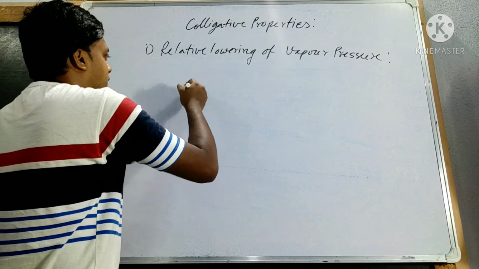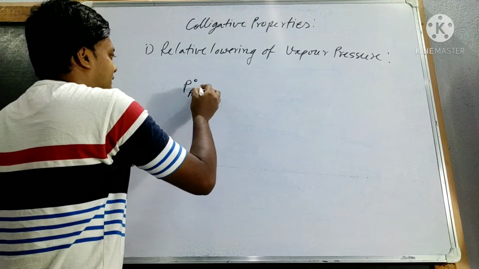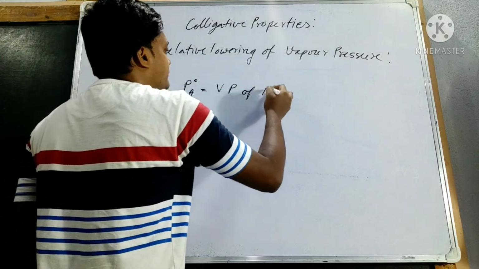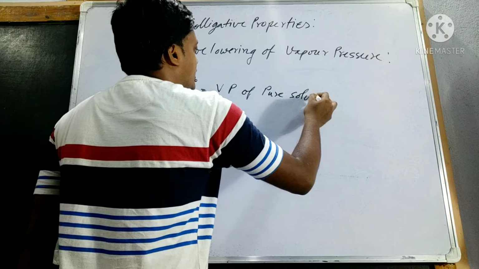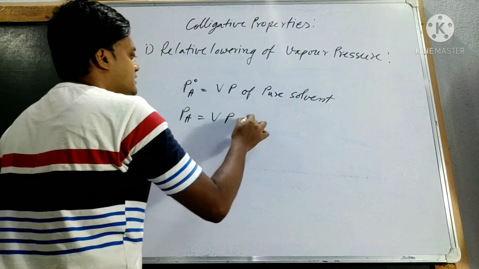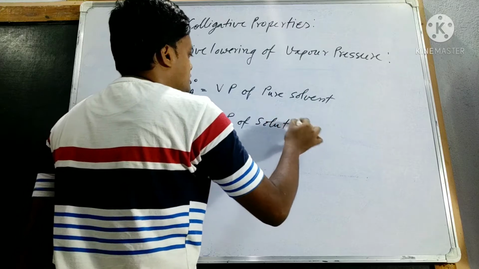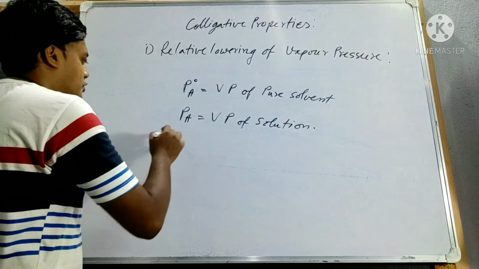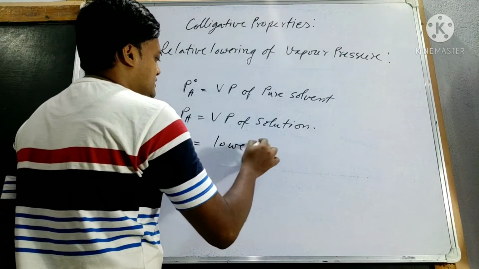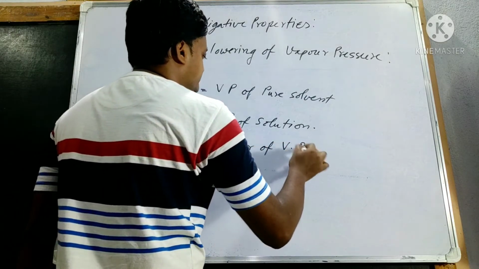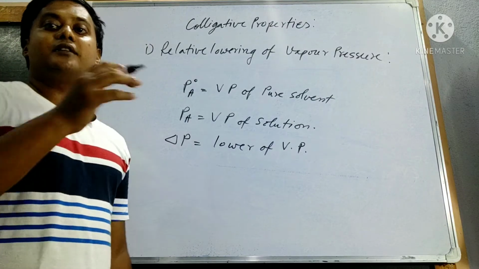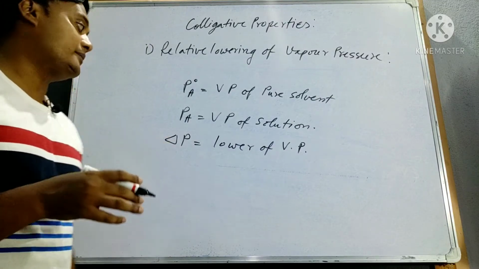Now the first one, relative lowering of vapor pressure. P naught A is the vapor pressure of the pure solvent. PA is the vapor pressure of the solution. So delta P is the lowering of vapor pressure. The vapor pressure of a solution is less than the vapor pressure of the pure solvent.